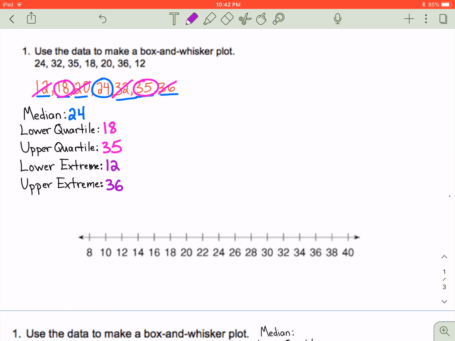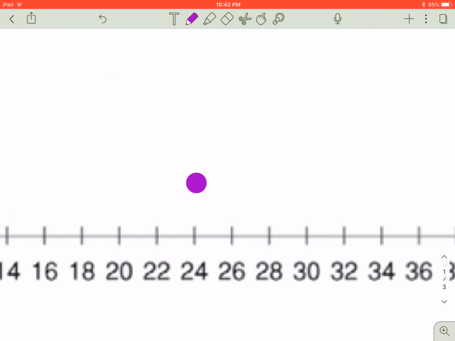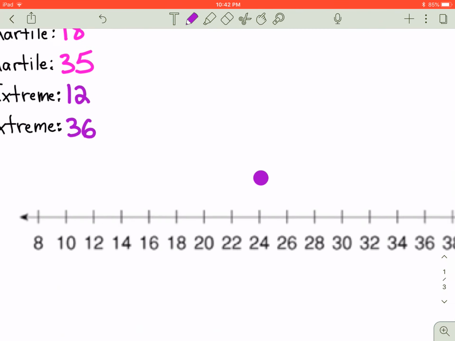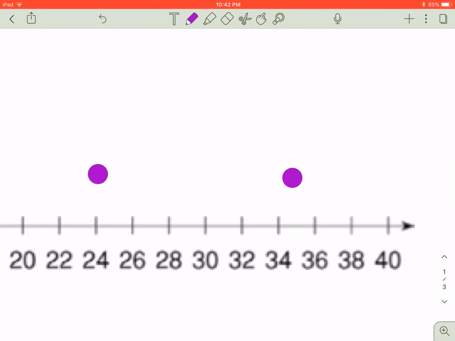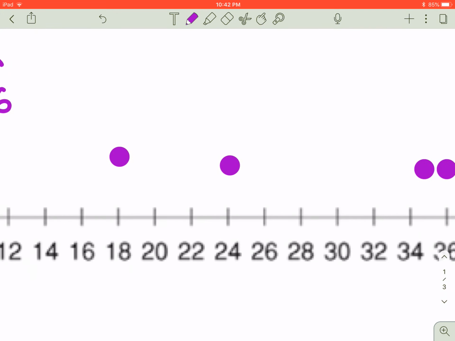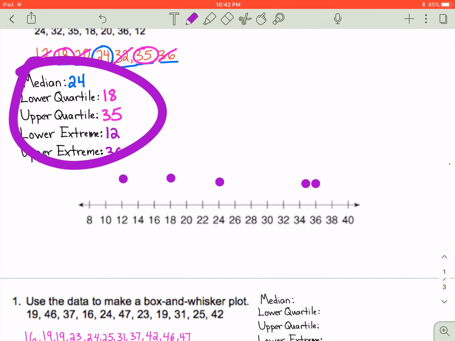So my first one's 24. My second number is 18. And then 35. Then I have 36. And I have the number 12. All I've done there is plot the numbers on the graph that I found over there.